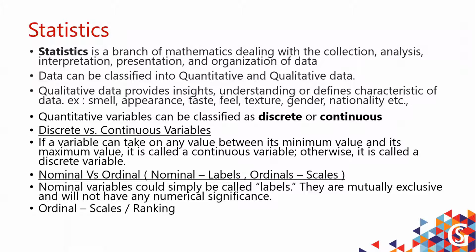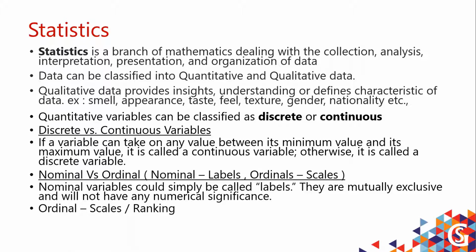And ordinals are based on scales. If I give a survey, how would you rate this session from 1 to 5? Is 5 too good and 1 too bad? That has a range. So 5 stands first and 1 stands last.